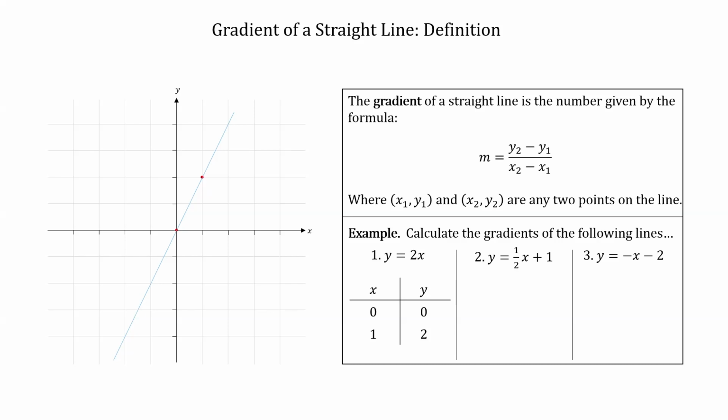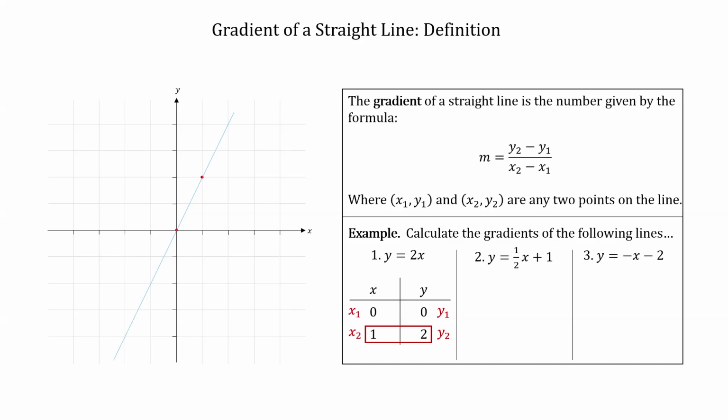So to calculate the gradient now, I need 2 points that lie on the line. Well, I've just calculated 2 points, so I'll just use them. I have this point here, (0, 0), so this is my x1 and this is my y1, and I have this point here, (1, 2), so this is my x2 and this is my y2.